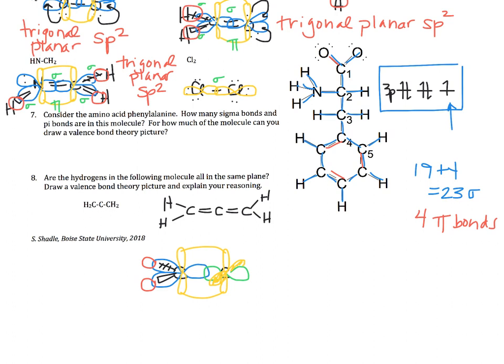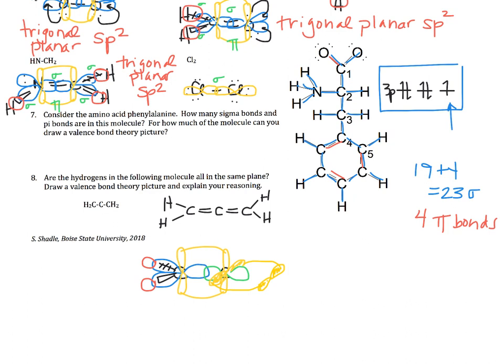So now let's go to that third carbon. So this carbon, 3 regions of electron density, it's also going to be sp2 hybridized. And it's going to have a p orbital, and we're going to need that p orbital to be lined up so that it can overlap with the p orbital that we haven't used yet.